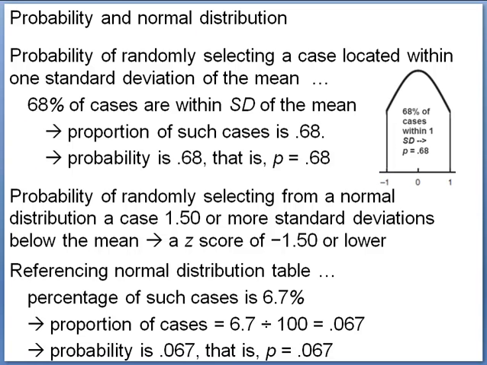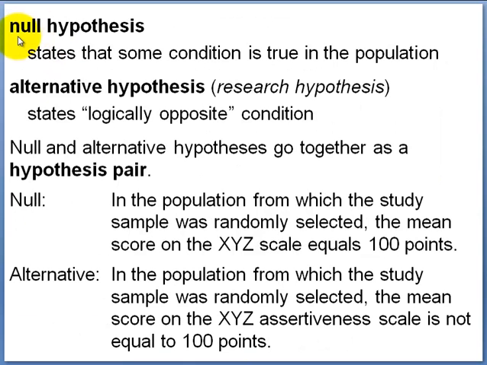Now we're moving back to significance testing, also known as hypothesis testing. Each hypothesis test, or we could say significance test, has a null hypothesis and an alternative hypothesis. These two go together to form a hypothesis pair.